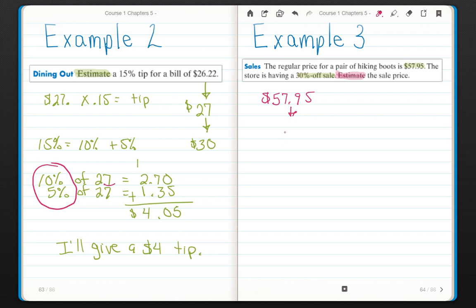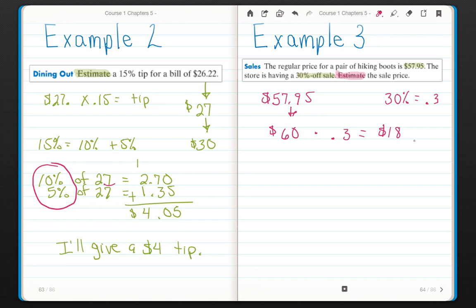I'm going to round that to $60. So we have a couple of choices. I know that 30% equals 0.3. So I can take $60 and multiply it by 0.3 to get $18.